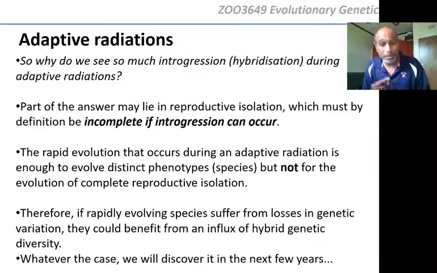So it could be that the lag in reproductive isolation, the fact that reproductive isolation takes so long to develop, is actually there to give these species a chance to get gene flow and genetic diversity from other species.